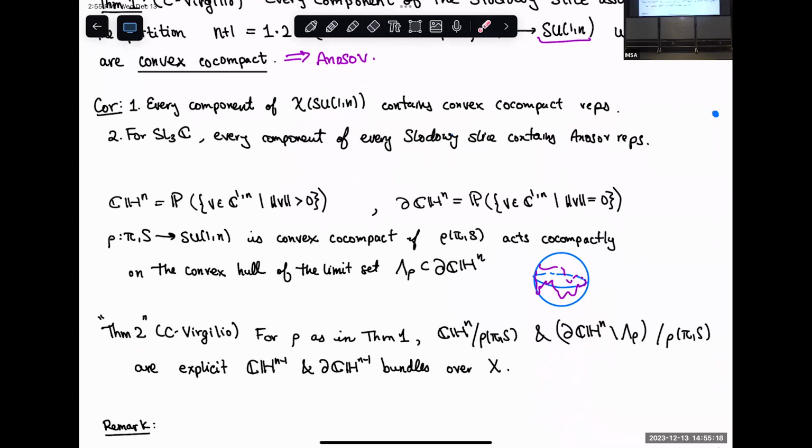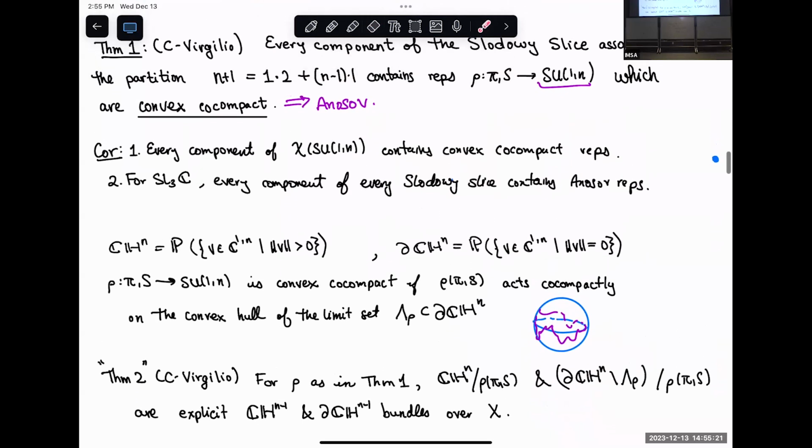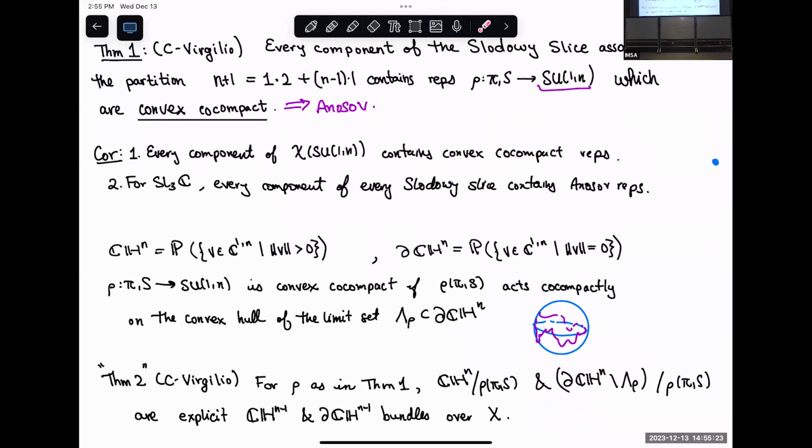For representations from theorem 1, the SU(1,n) locus of the Slodowy slice for that specific nilpotent, the quotient of complex hyperbolic n-space by the action of the fundamental group, and the quotient of the complement of the limit set in the boundary by the fundamental group, are explicit fiber bundles over the Riemann surface. The fibers are respectively complex hyperbolic space of one less dimension and the boundary of complex hyperbolic space of one less dimension.